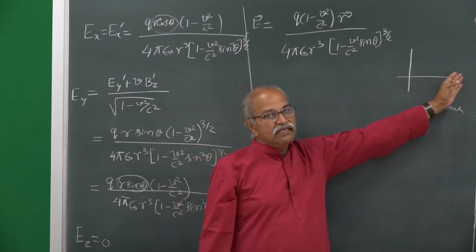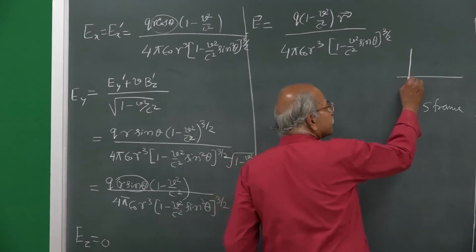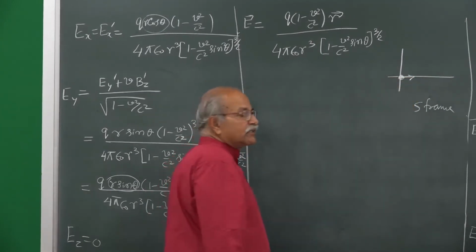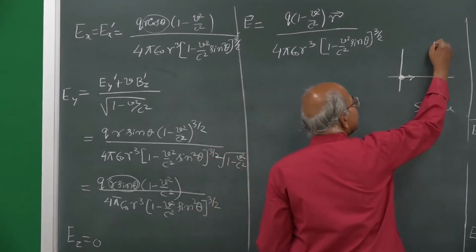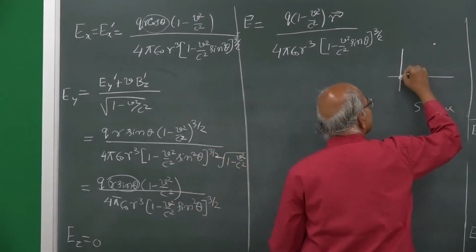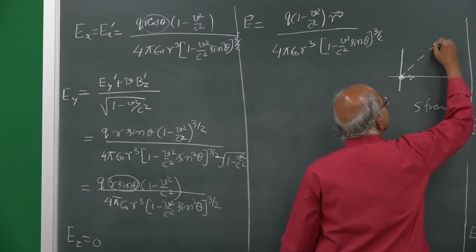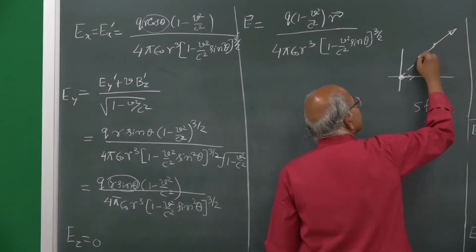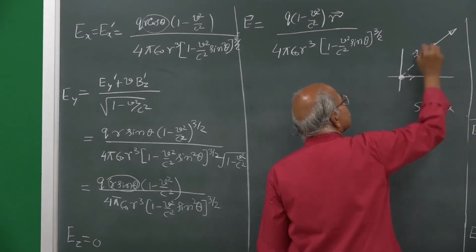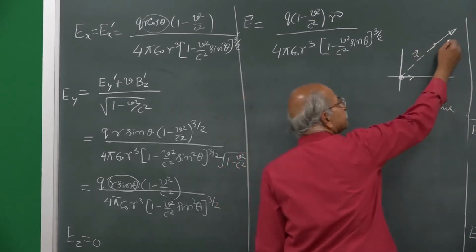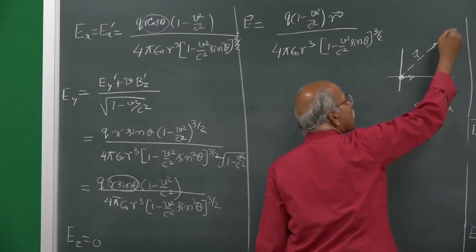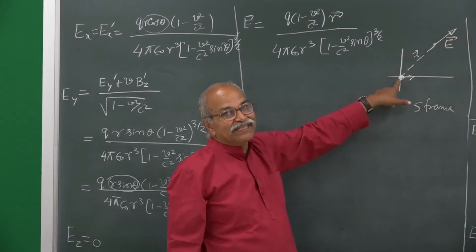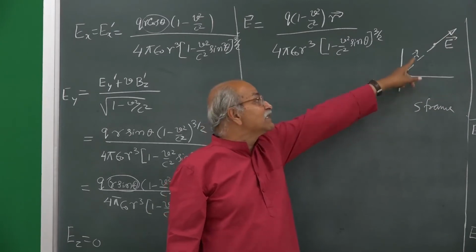When the particle is here and going in this direction and you need the field here, the direction of the field is radial, in the direction of this r vector, from the instantaneous position of the charge, wherever this point is.